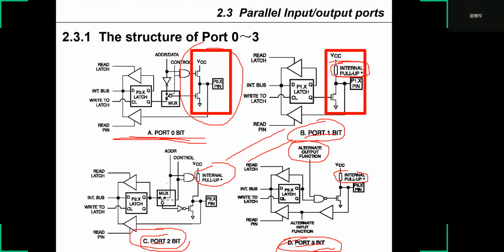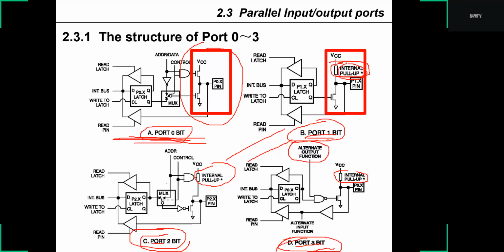You need to know the difference between port 0 and port 1 to 3. There is a pull-up resistor in port 1 to 3, but there is no pull-up resistor in port 0.